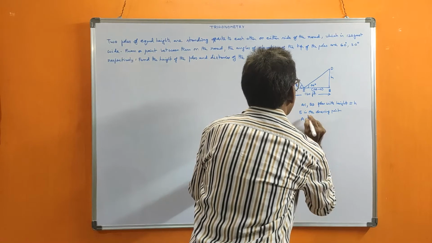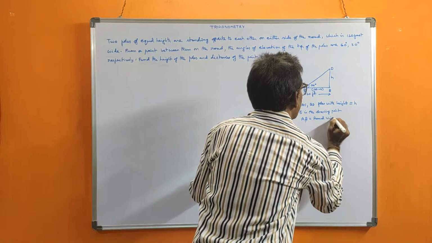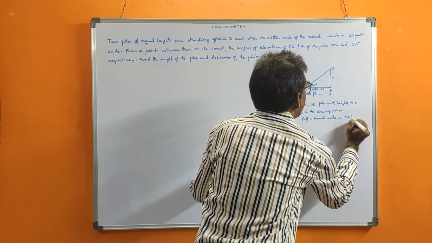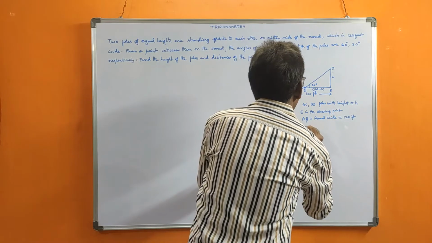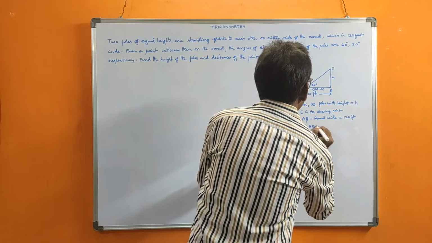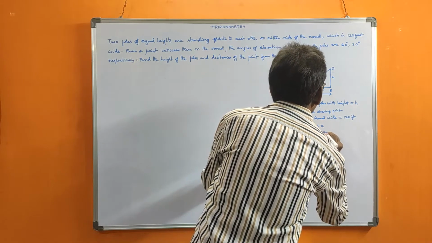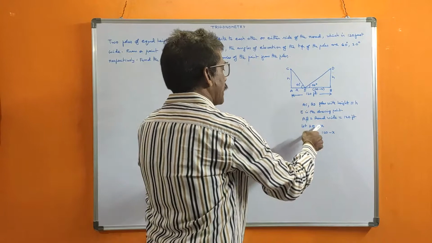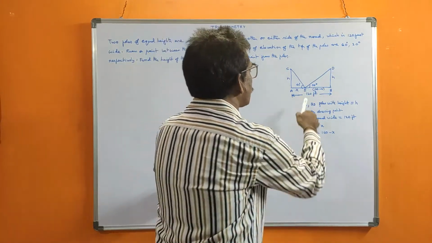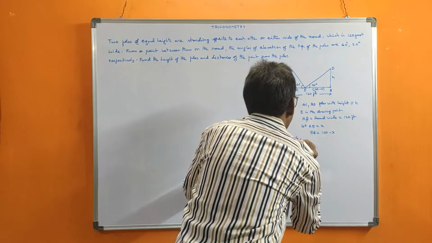AB is equal to the road width, that is 120 feet. Let AE be equal to X, then EB is automatically 120 minus X. AE we take as X, which means EB is 120 minus X. Height finished.